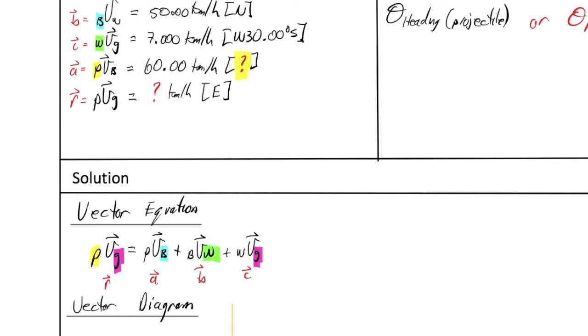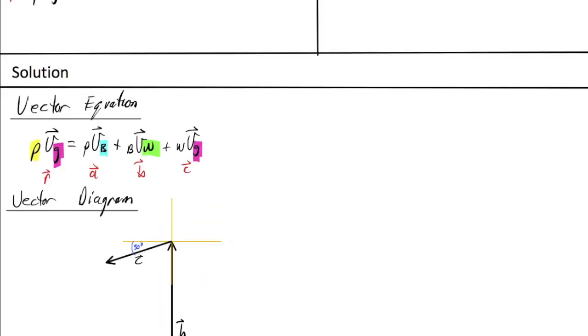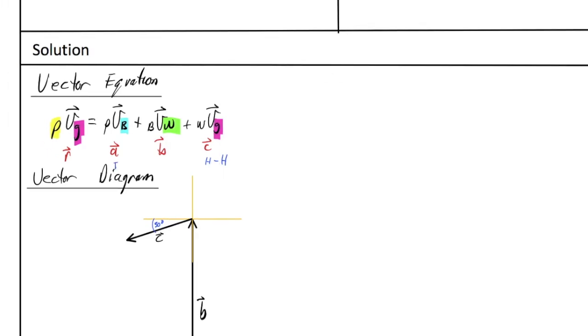Next is the resultant, and that's because we know the direction. So we don't know the magnitude, but we do know the direction. So we know that it's going to go east. And we know that the resultant attaches head to head with the last vector and tail to tail with our first vector. That is always the case.